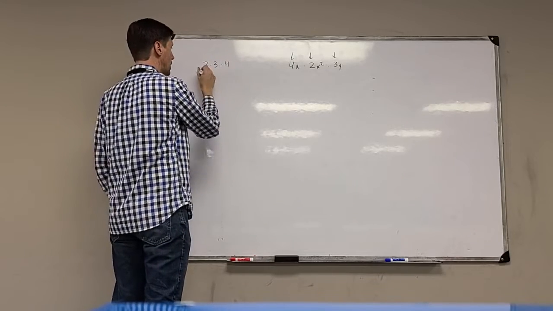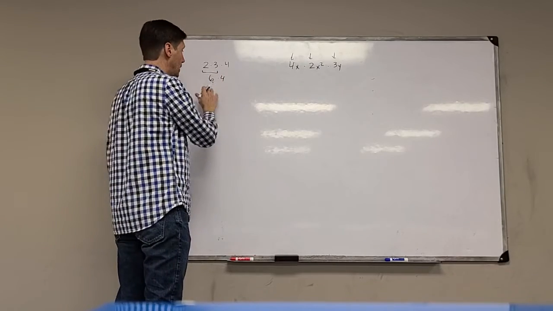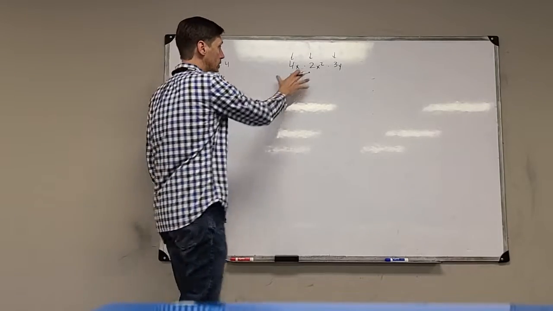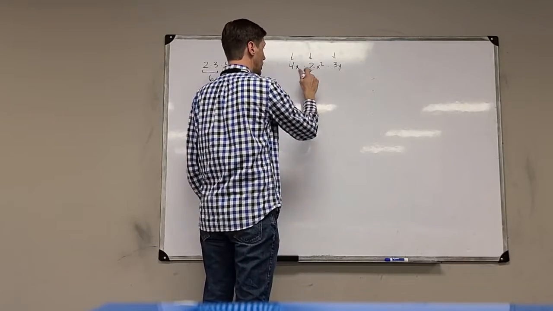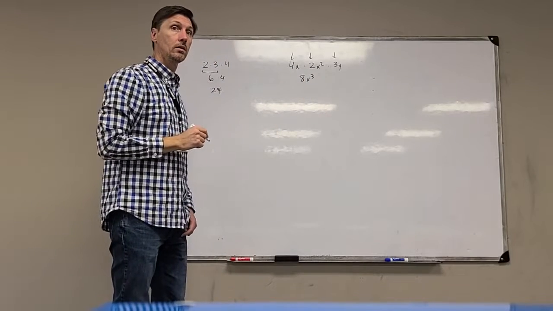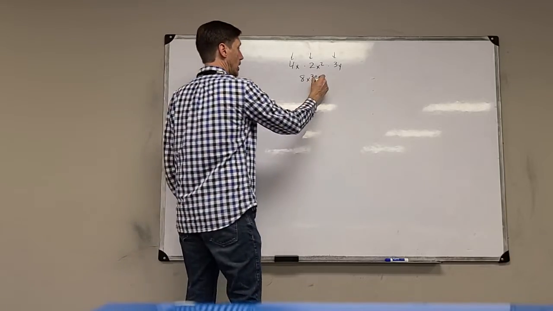I can multiply this together first and say that this is 6 times 4, and then multiply the 6 and the 4 and say the final answer is 24. Okay? I can do the same thing here. I could say 4x times 2x squared is going to be 8x cubed. Okay. You can leave 8x to the third power times 3y.